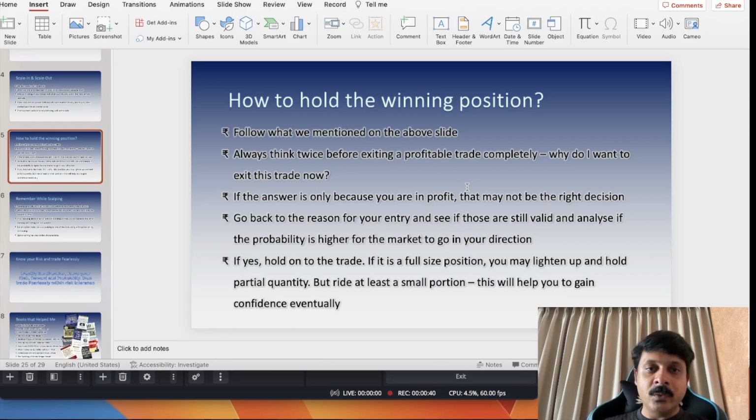So, if you ask me what is important, exit or entry? Ideally speaking, entry and exit both are important. Most people say we can't differentiate the importance of entry and exit, both are equally important. But I would say exit is more important than entry.